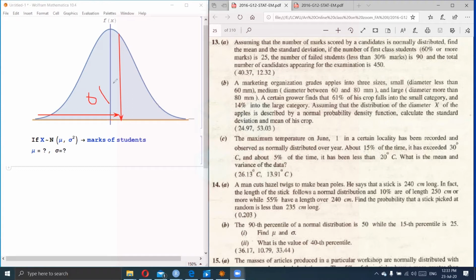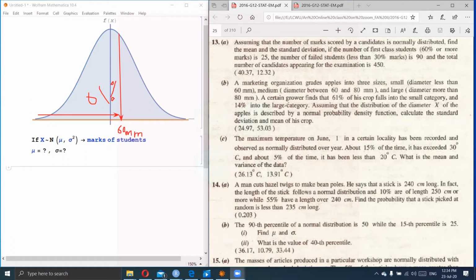And the point where the small category starts is below 60 mm. So 60 mm is here. The diameter of the apples is 60 mm.